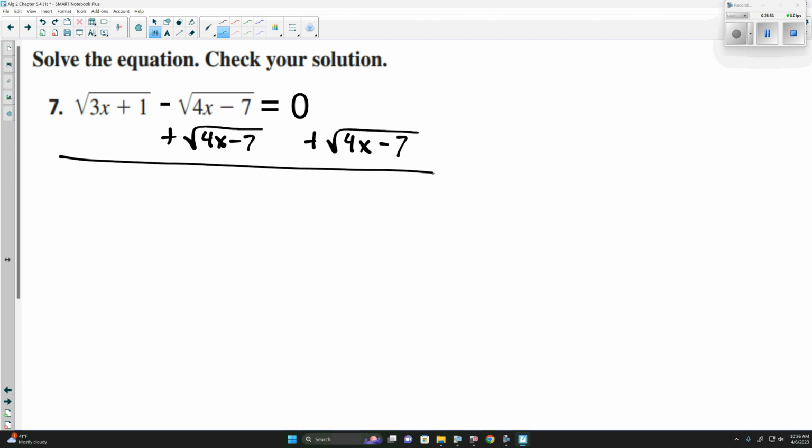And I want to try to keep the radicals positive if at all possible. Because negative square root of 4x minus 7 plus square root of 4x minus 7, these become 0, leaving me with the square root of 3x plus 1 is equal to the square root of 4x minus 7. I just needed to get 1 on either side.